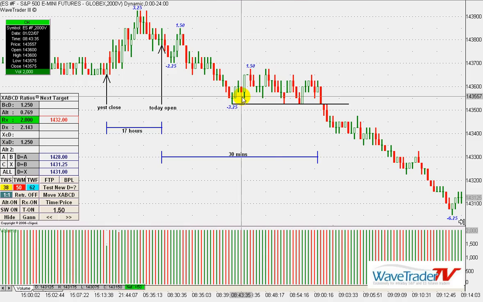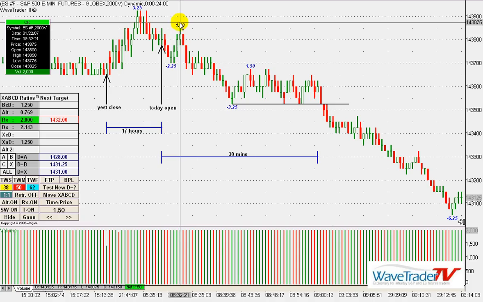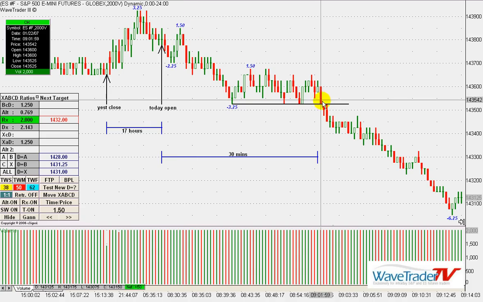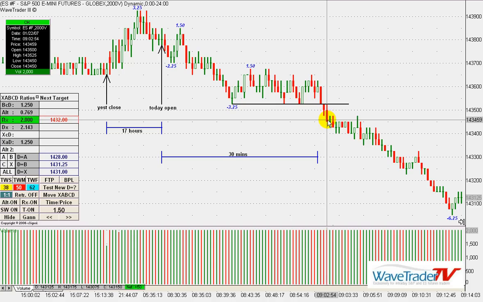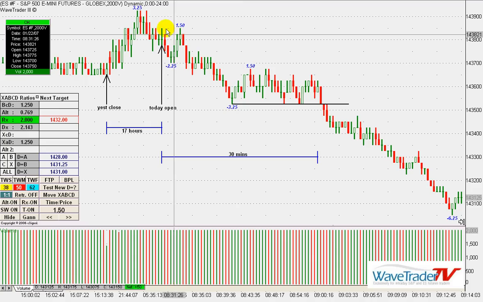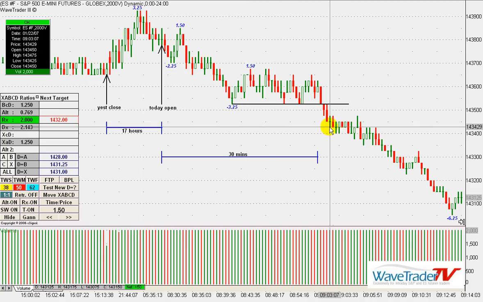And then finally, as it's making these bounces here after making what is a continuation 1-to-1 and then break lower, is the last and final sell trigger that you could say: potential sell here, potential sell here, potential sell here.